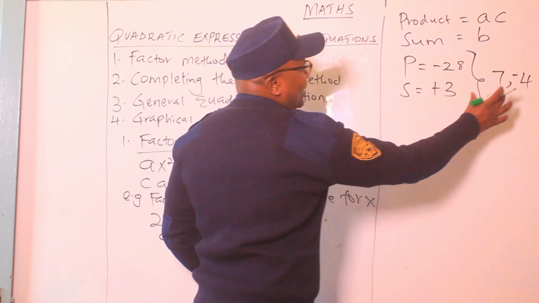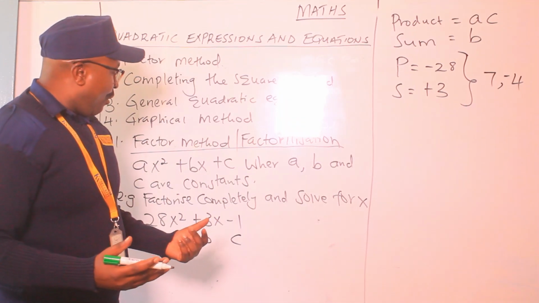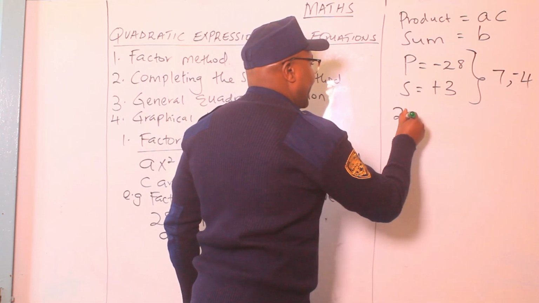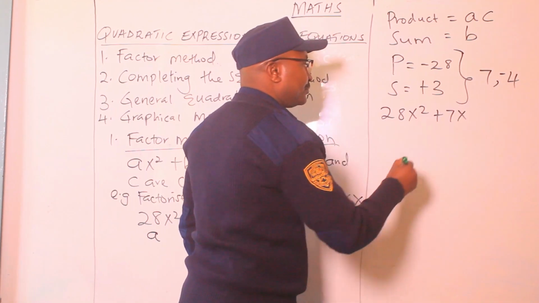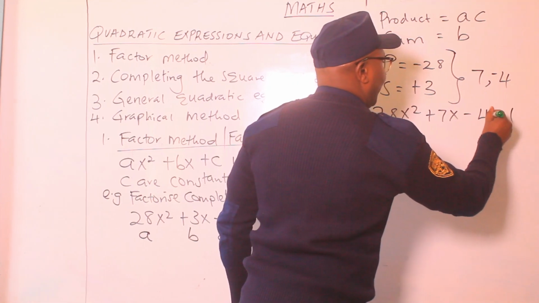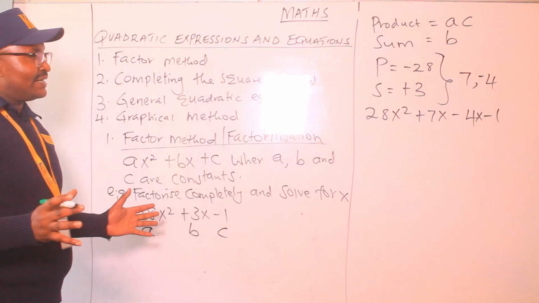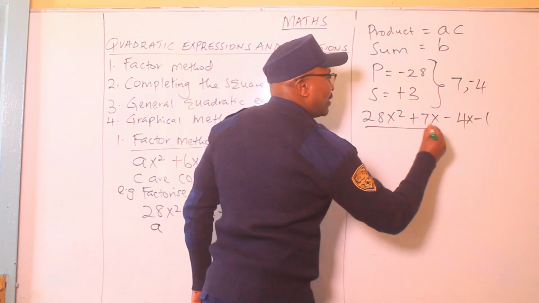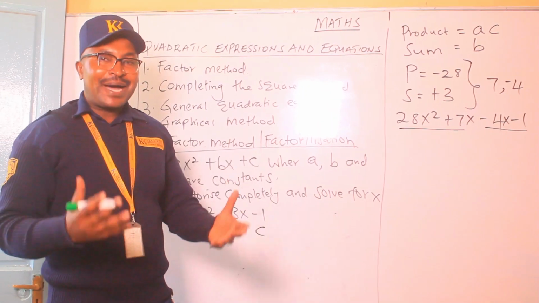So having gotten these two numbers, you now replace the value of b. So now we have a new equation: 28x squared plus 7x minus 4x, then minus 1. Then you can see we have two groups here, so we can factor out by grouping.